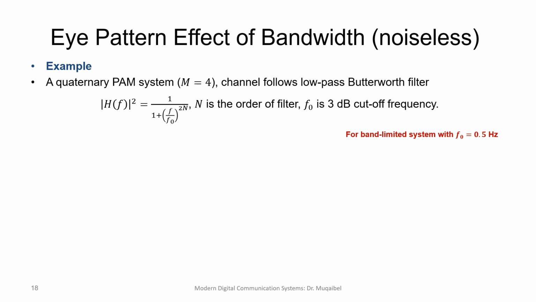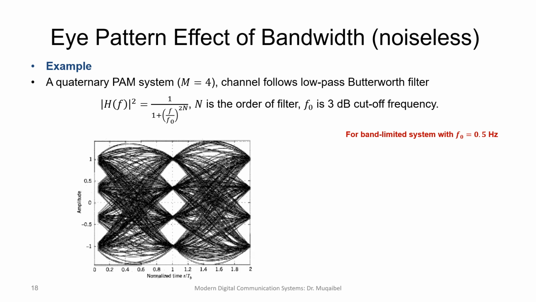In the previous slide, we have seen the effect of noise. Here you can see the effect of band limitation. So this is the original case where we have M-ary PAM with M equal to 4.